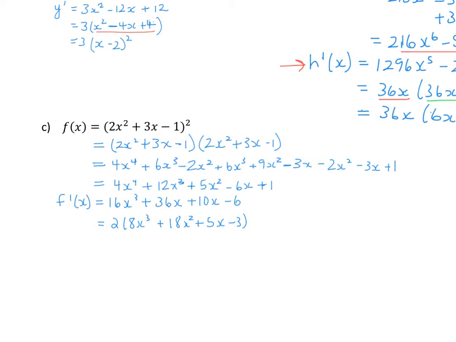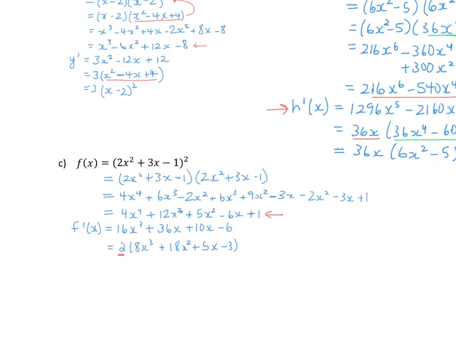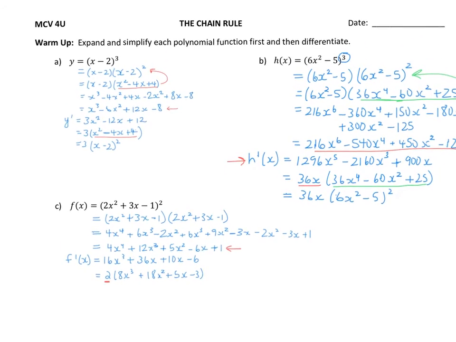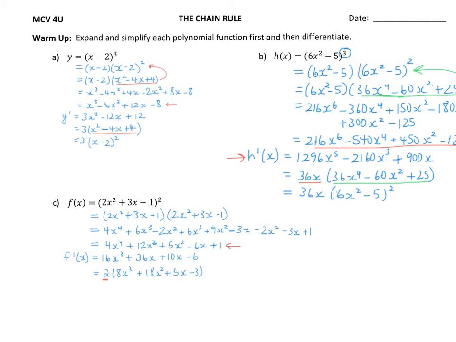Okay, and for part C, I expanded and simplified and found that I came up with this line. And then I took the derivative, and I'm noticing the only thing I can common factor is a 2. But what I'm going to notice here, if I go back to my other two examples, I have something in the bracket right here, x minus 2, which appeared in the original question, x minus 2.